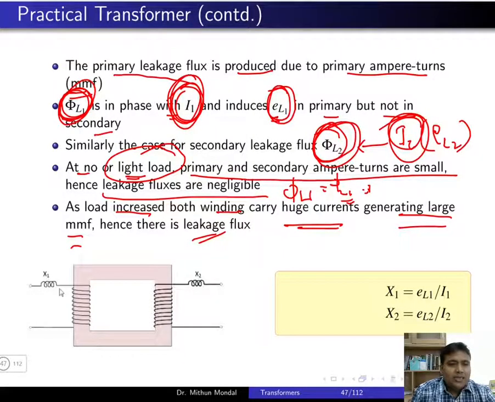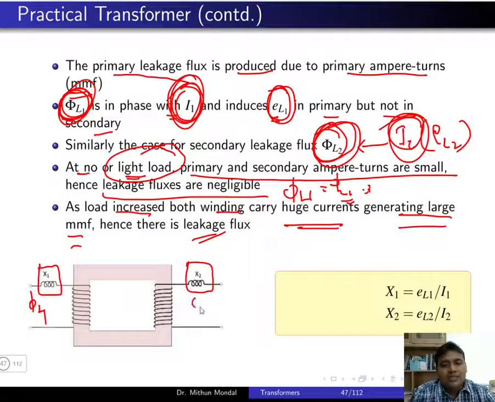So that is represented with a value x1, an inductor connected on the primary side. This is representing phi L1, the leakage 1, and x2, the inductance on the secondary side, is representing the leakage phi L2.